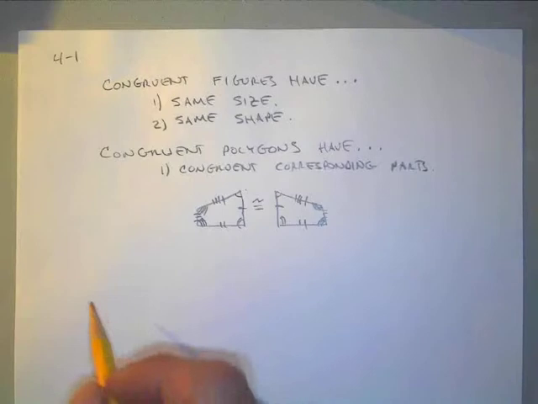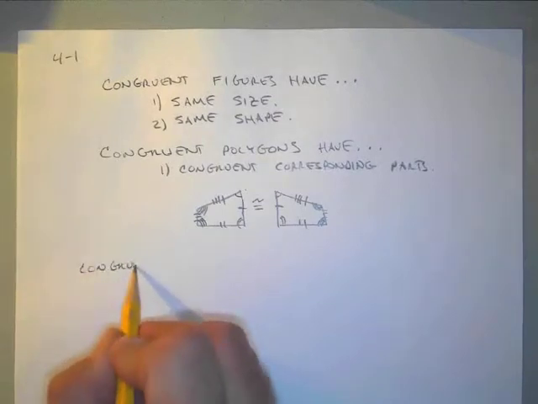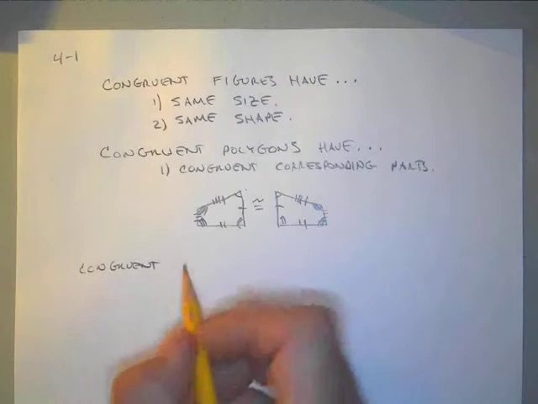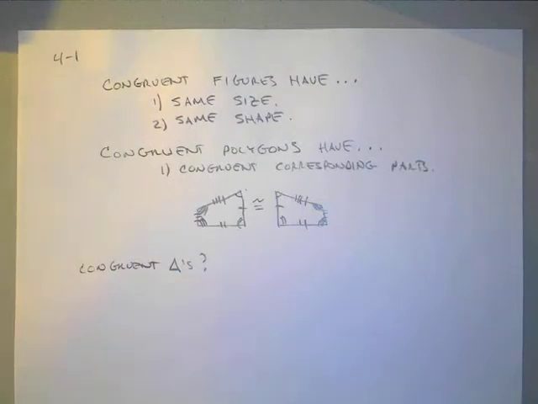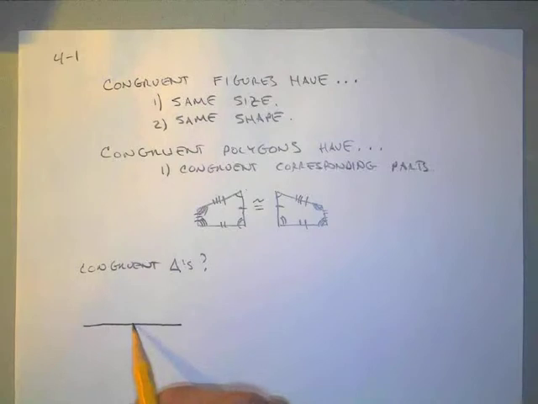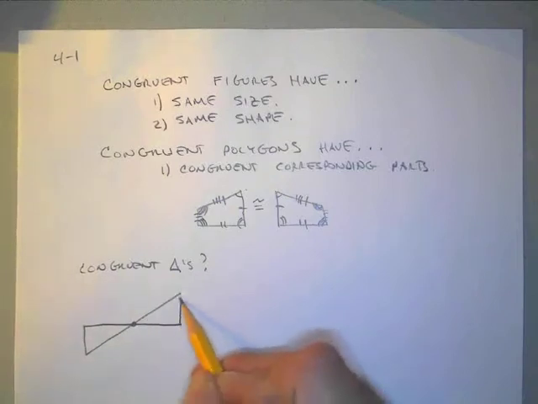So let's ask ourselves, are these congruent triangles? And let's draw a picture here. We'll draw a straight line, and right in the middle we'll have a dot, and we'll draw straight down, and we'll go straight up.